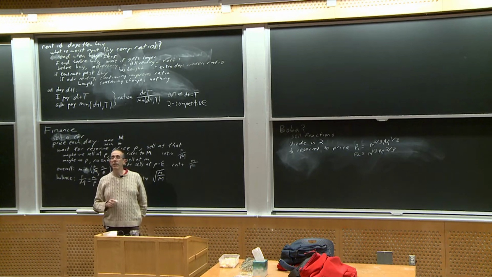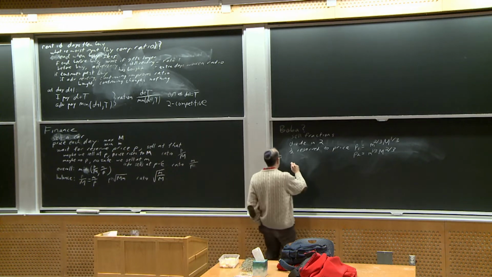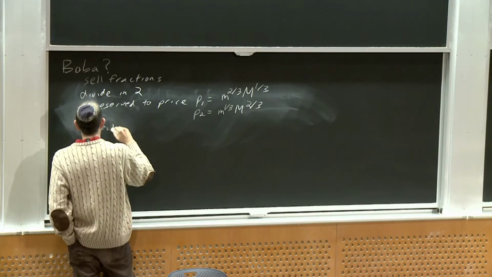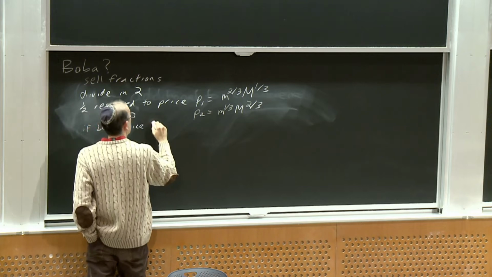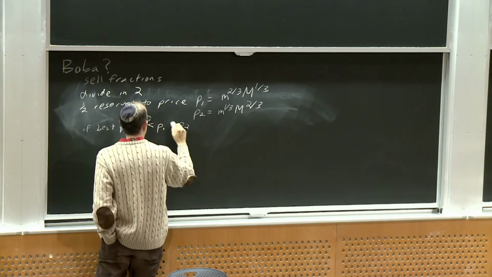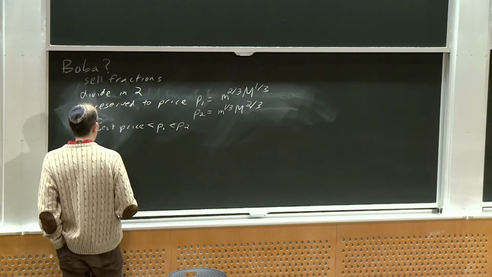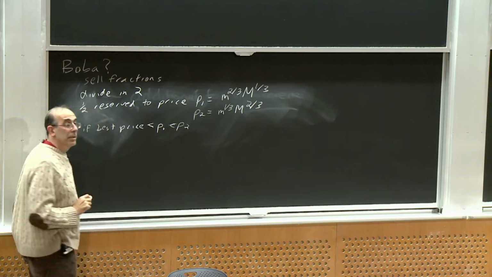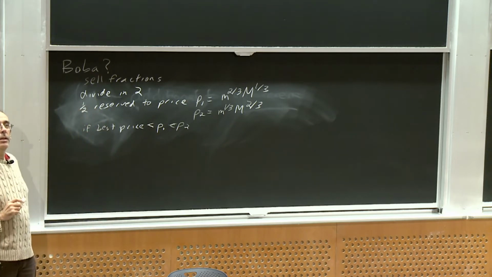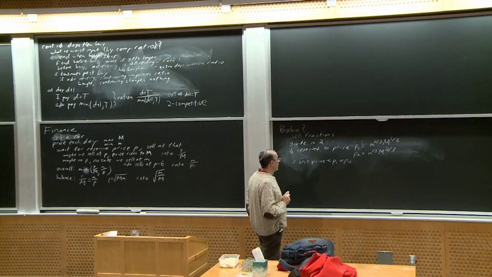We can consider whether the best price is below P1, or between P1 and P2. So if the best price is less than P1, which is less than P2, by the way, then what happens? Your cube root is away from the optimal solution. Exactly.